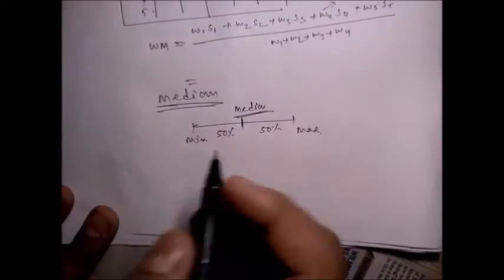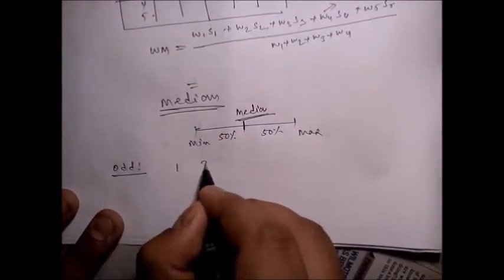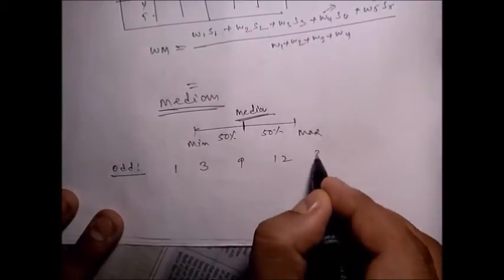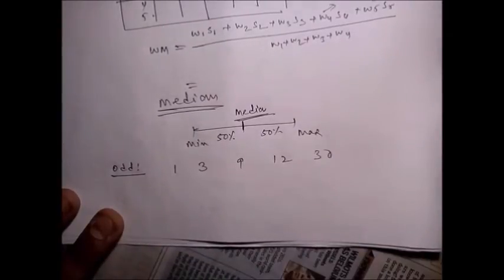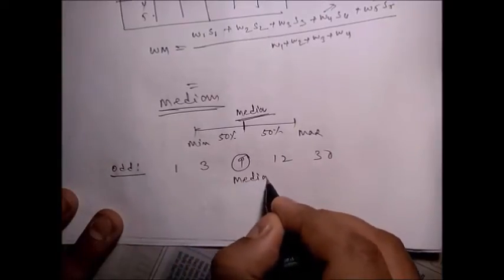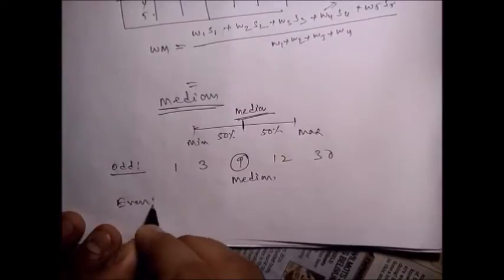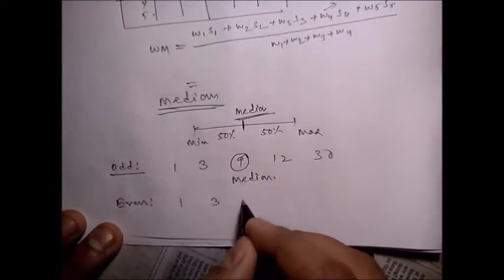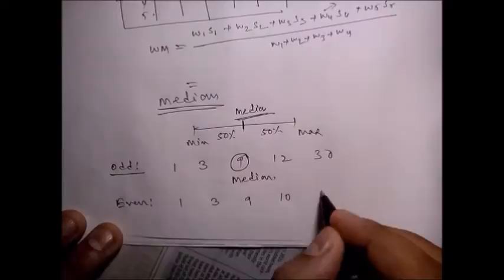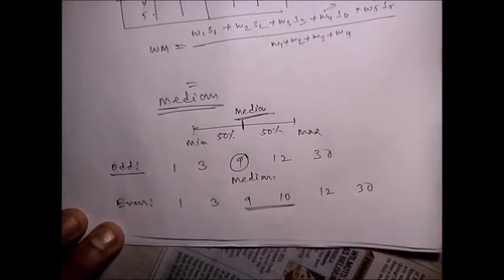Now for raw data, suppose we have an odd number of data, say 1, 3, 9, 12, 30. What is the median value? The middle value is 9, so the median is 9. Now if there is an even number of data, say 1, 3, 9, 10, 12, 30, the middle values are 9 and 10.